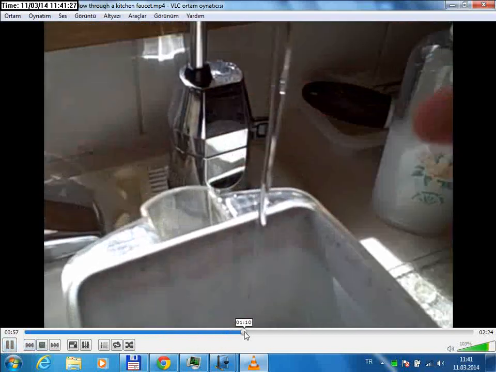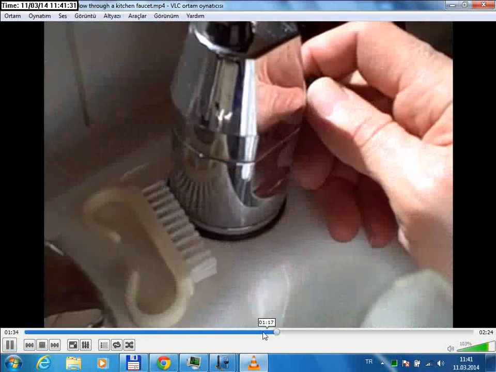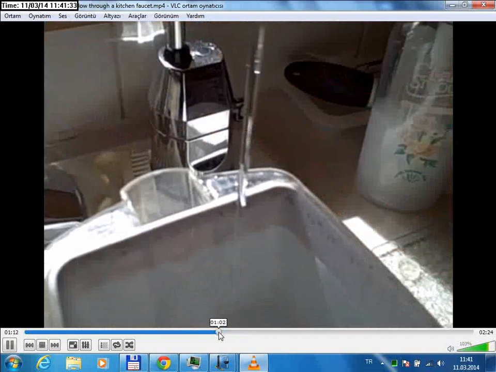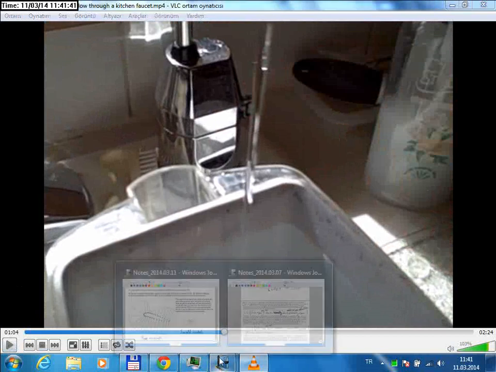So you see that the flow fluctuates and it's not uniform anymore. In the first case, the streamlines are all parallel, but in the second case you have things like this happening, right?